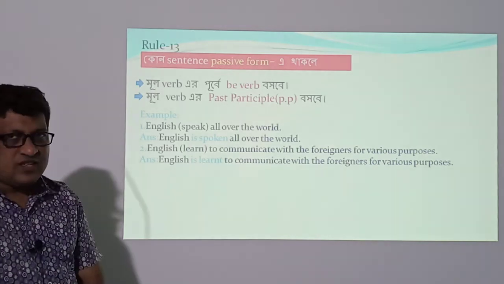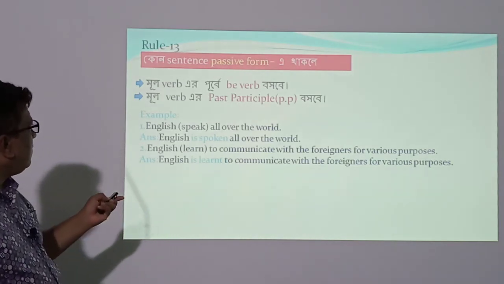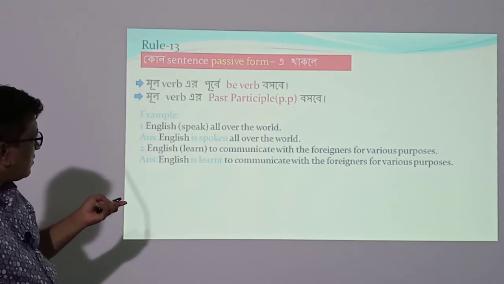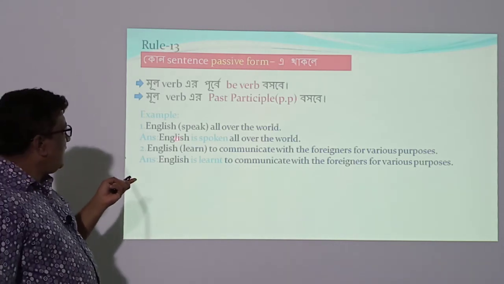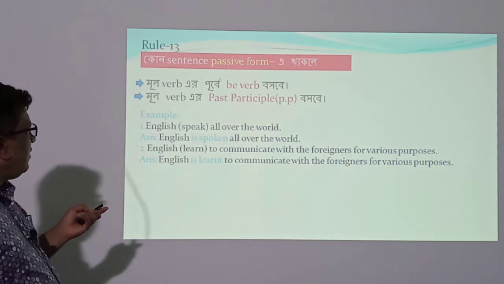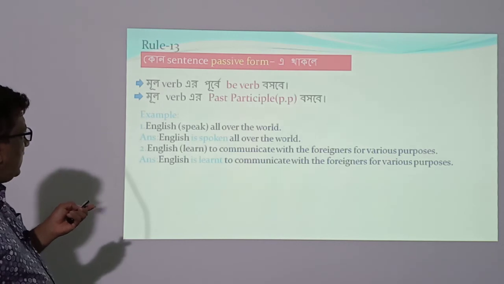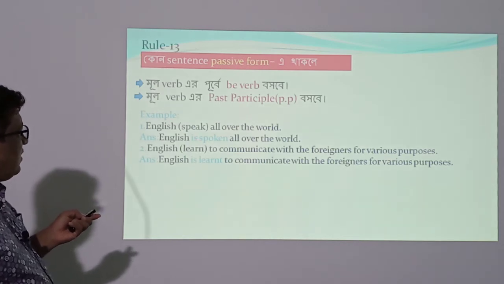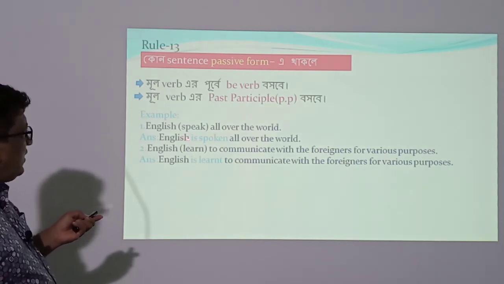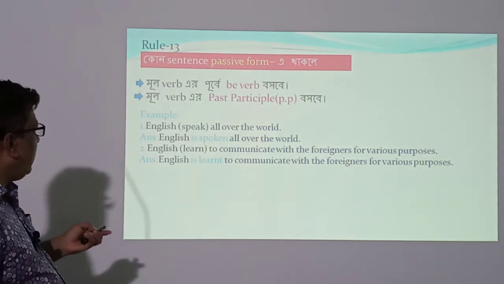To illustrate this point, we can go through a couple of examples. English speak all over the world. Our answer will be in the passive form of the verb. So, English is spoken all over the world.